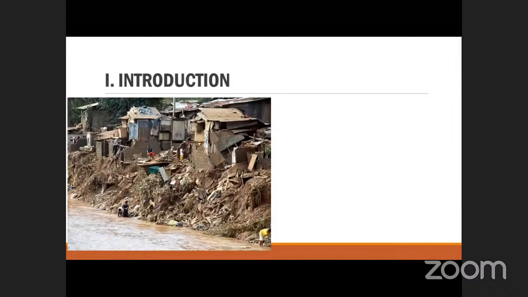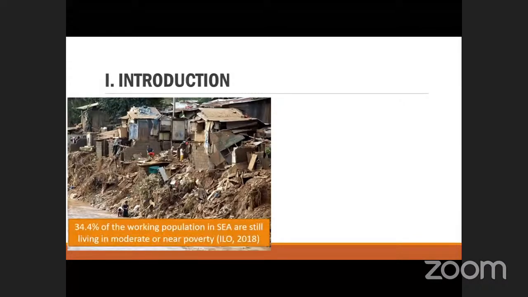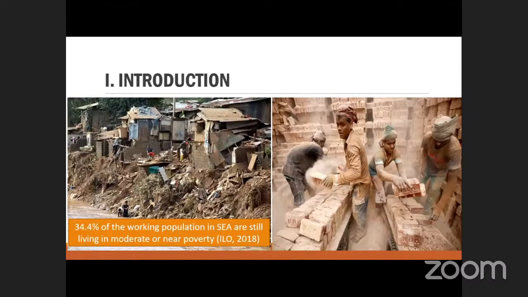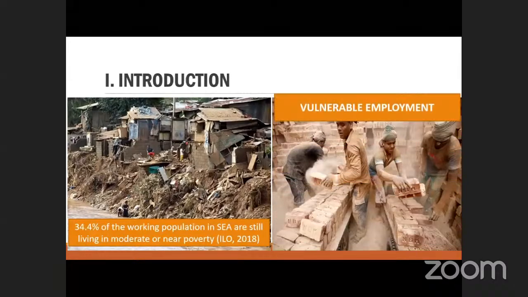While the Southeast Asian region has made significant milestones in lifting a substantial share of its population out of severe poverty, 34.4% of its working population are still living in moderate or near poverty. In addition, a large proportion of the jobs generated in the region are considered vulnerable employment.